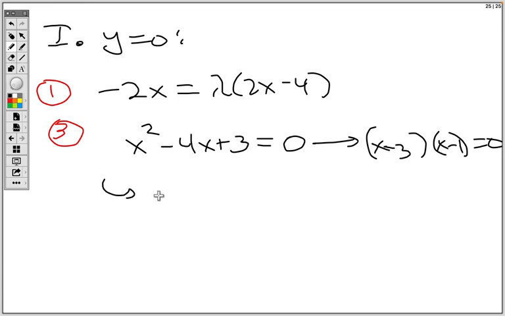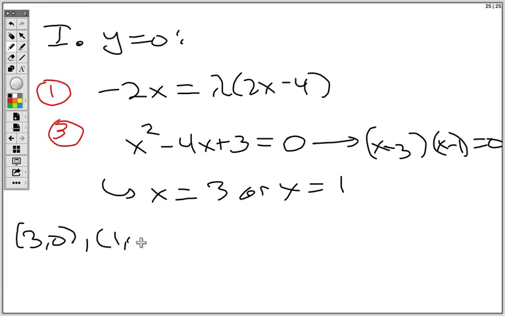So what do I get for x here? 3 or 1. Good. Okay? So now, as far as x and y are concerned, I've got (3, 0) and (1, 0). So these are my solutions, x and y.